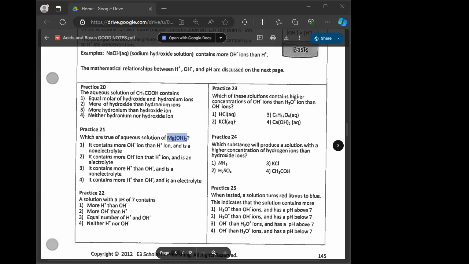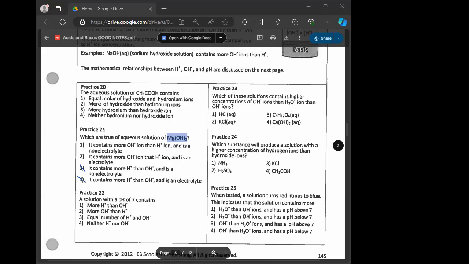Then we need to remember about the properties of bases. Okay, so bases always have more OH than they do hydrogen. Okay, so that's how I know it's option one or option two.